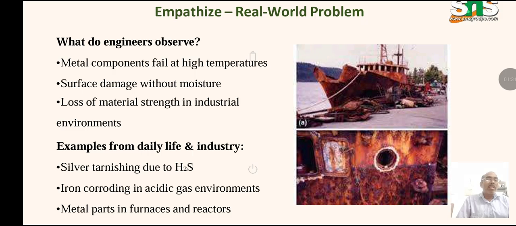In some cases, metal components fail at high temperatures, with surface damage without moisture and loss of material strength in industrial environments. This is due only to atmospheric air, which contains oxygen and other gases; mainly the metal is oxidized by oxygen molecules. Examples from daily life and industry: silver tarnishing due to hydrogen sulfide, iron corroding in acidic gas environments, and metal parts in furnaces and reactors.